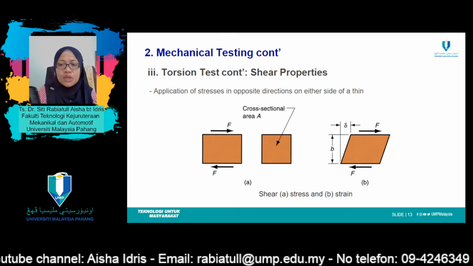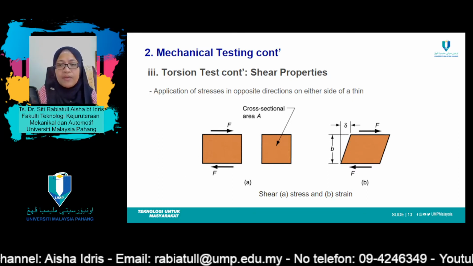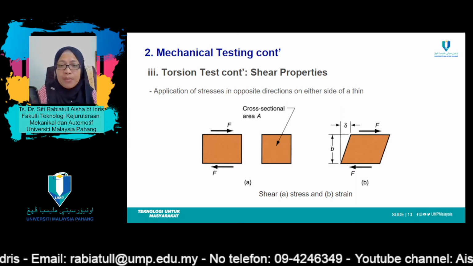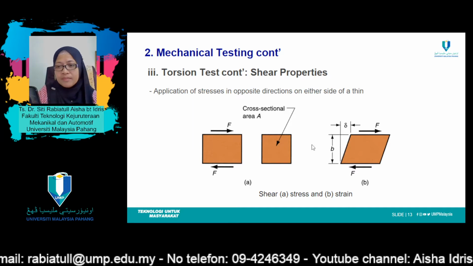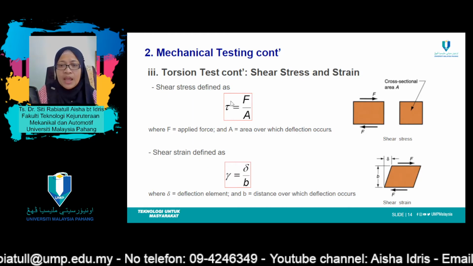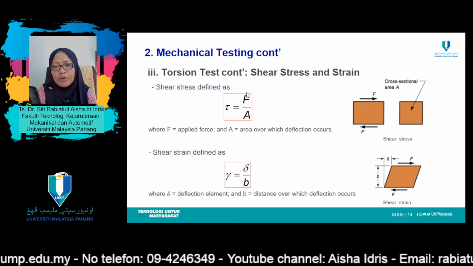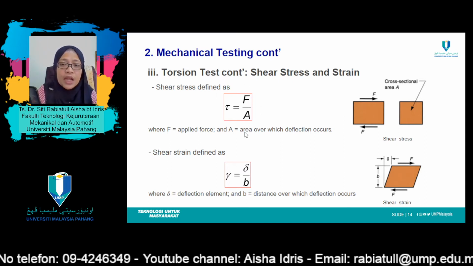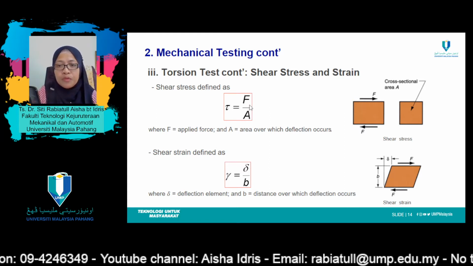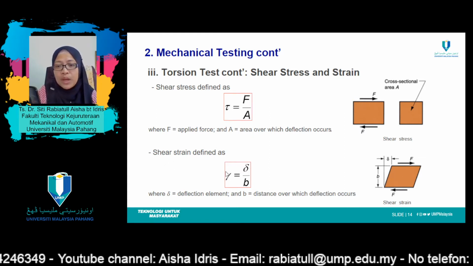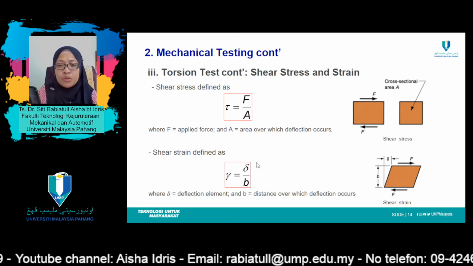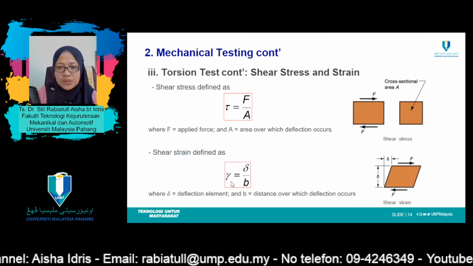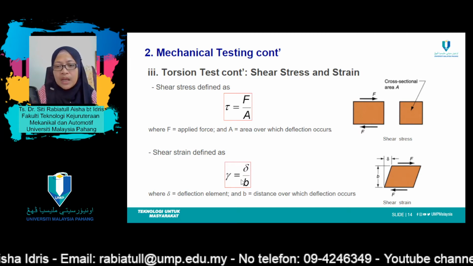Through the torsion test, we should be able to calculate the value of shear stress, with the forces coming from the torsion test itself, like this one. And this is the formula for calculating the shear stress, as mentioned in the previous lecture: force over area, whereas the shear strain is equal to this formula, delta divided by b.